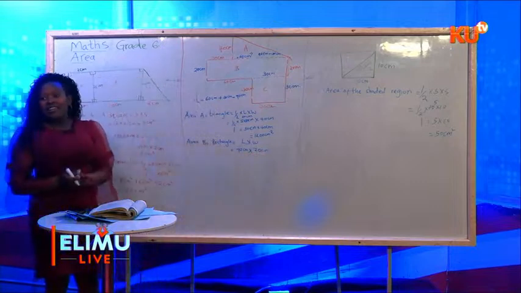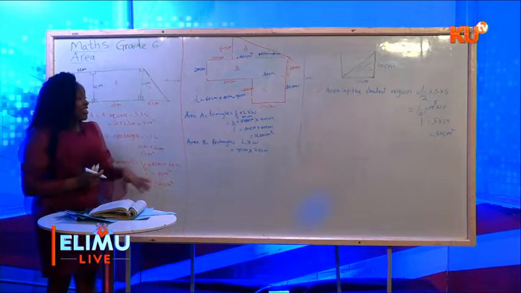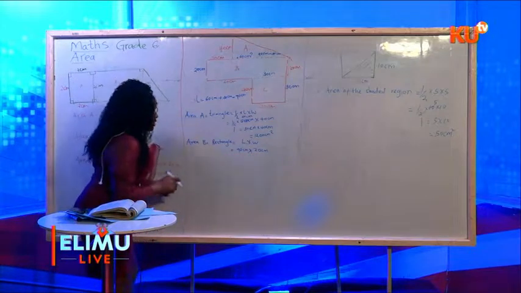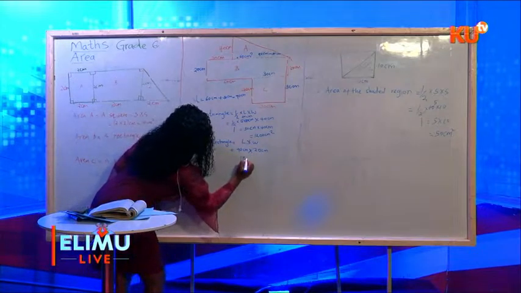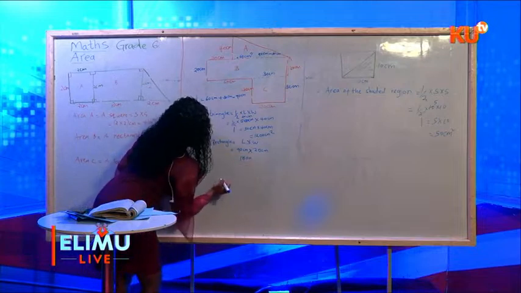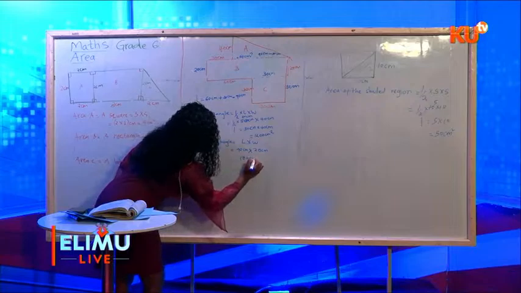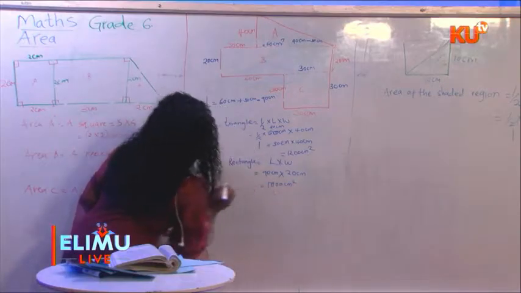So we multiply the numbers and then we add the 2 zeros. What is 9 multiplied by 2, learners? It is equal to 18. And then you add the 2 zeros, which will be 1,800 centimeter squared.